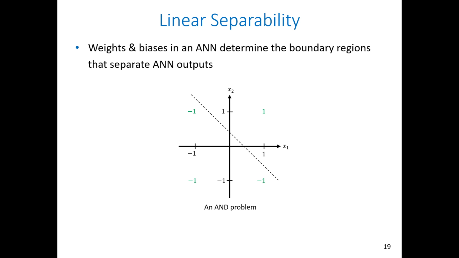Whenever x1 is 1, x2 is 1, the output is 1. Whenever x1 is -1, x2 is 1, the output is -1. Whenever x1 is -1, x2 is -1, the output is -1. Whenever x1 is 1, x2 is -1, the target is -1. The ones in green are our desired output or target.